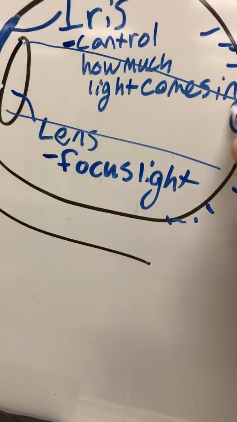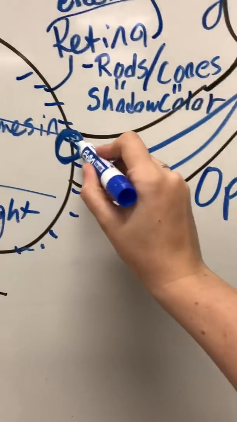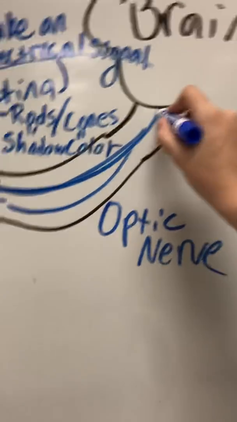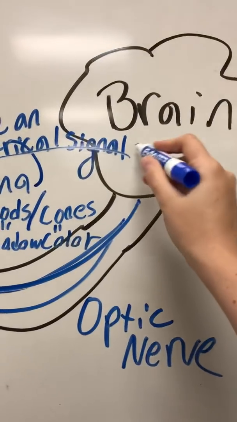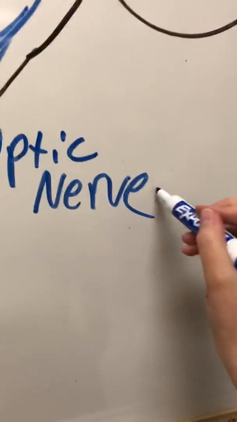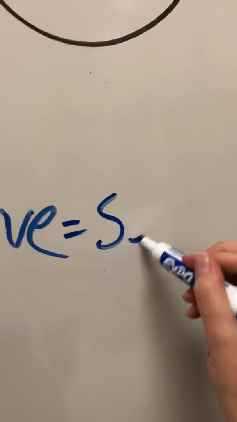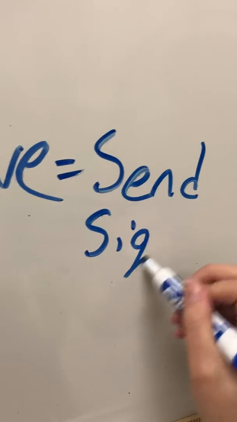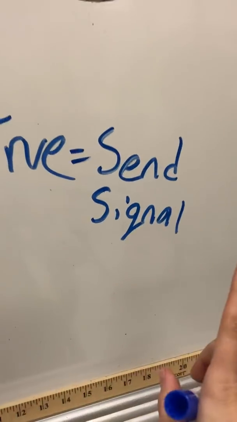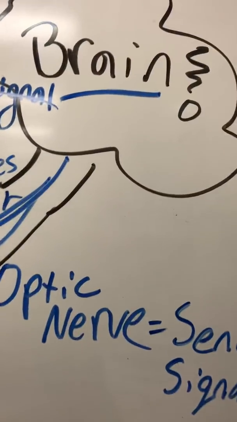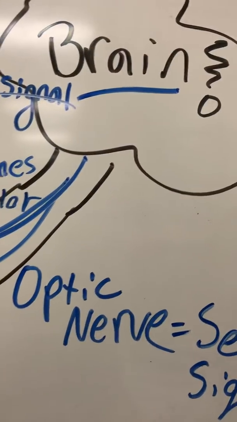So you make the letter here at home, and then whenever you're ready to mail it, you shoot it off in the mail, and it goes to the person that it needs to go to. So again, the optic nerve, its job is to send the signals. Not make, just send. And then the brain receives the signal and makes sense of it all.